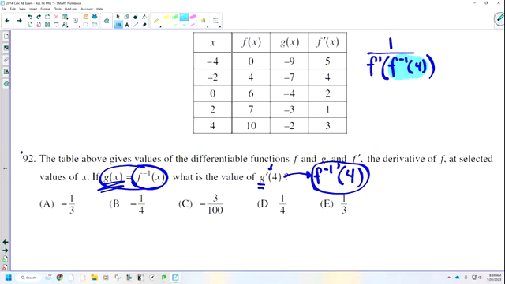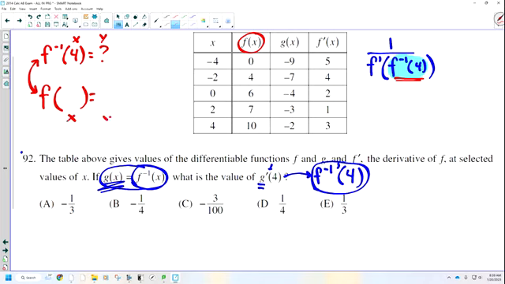So let's start by finding this right here. You need to know your rules about inverses. This is a coordinate, x and y. I don't have the inverse in my table, but I do have f. Comparing inverses to originals, the x's and y's switch.